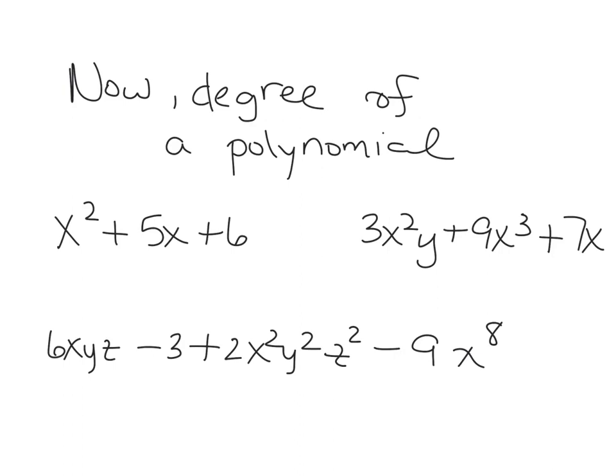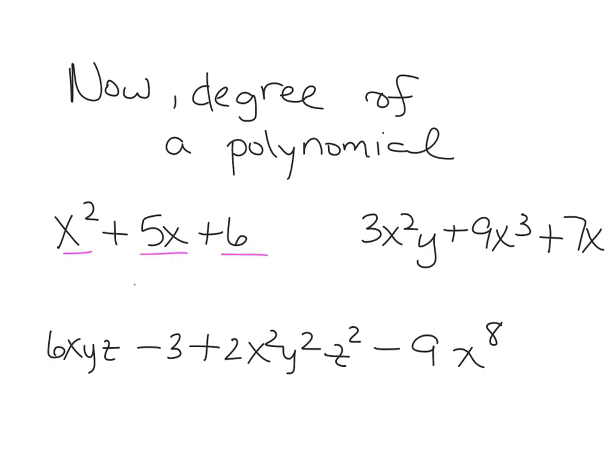And this last big polynomial, 6xyz minus 3 plus 2x squared y squared z squared minus 9x to the 8th, is just a polynomial because it has 4 terms. But we're talking about degree. You can't do the degree of a polynomial if you don't know how to do the degree of a monomial. So think about what a trinomial is made up of. A trinomial is technically made up of 3 monomials.